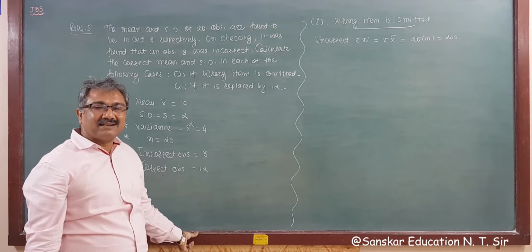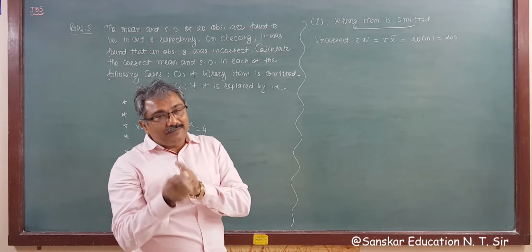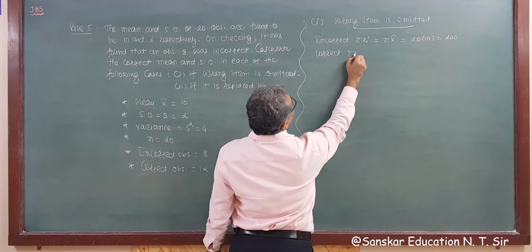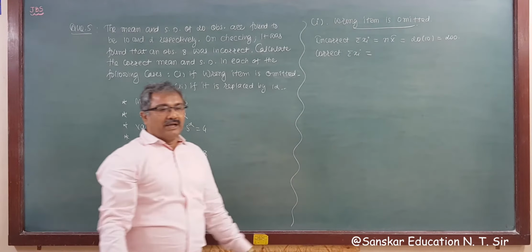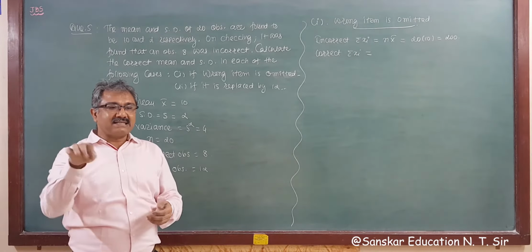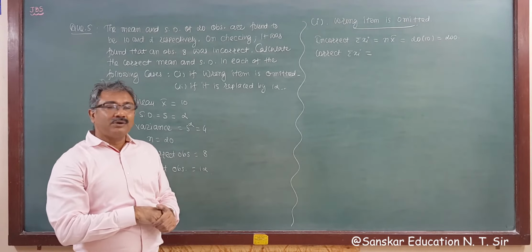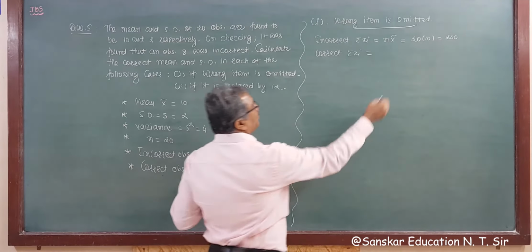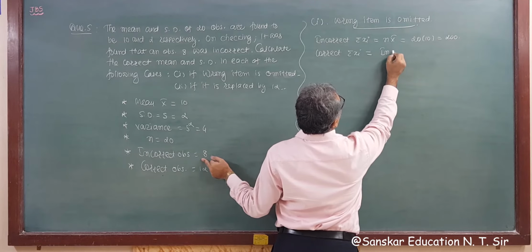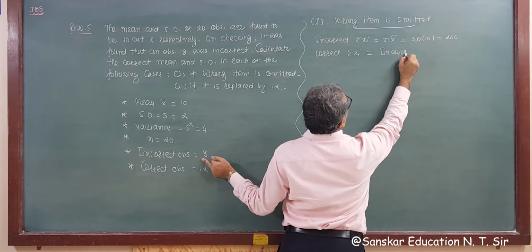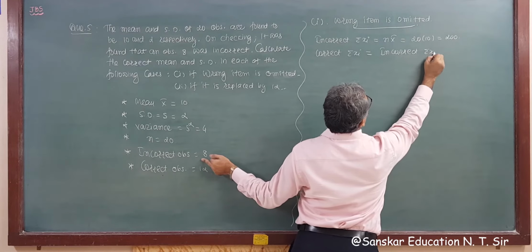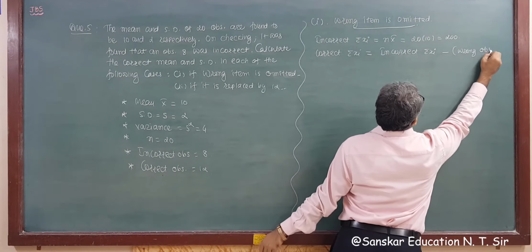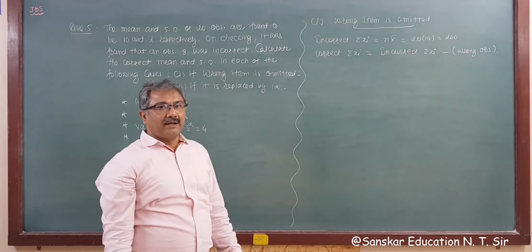Now we have to calculate correct sigma xi for the correct mean. Correct sigma xi is equal to incorrect sigma xi minus the wrong observation, because you have to remove this observation.